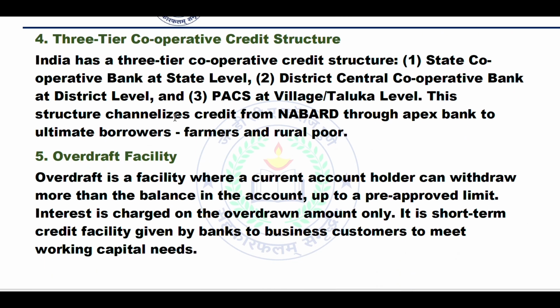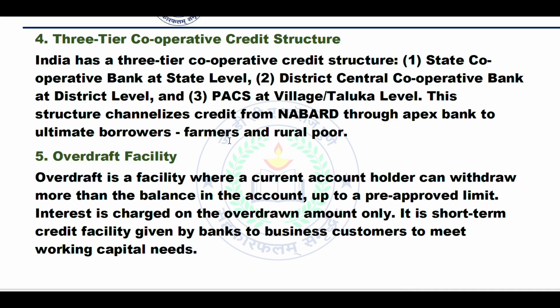Number 4, 3-tier cooperative credit structure. What will be the answer for this? India has a 3-tier cooperative credit structure: number 1, state cooperative bank at the state level; number 2, district central cooperative bank at the district level; and number 3, PACS at the village level. This structure channelizes credit from NABARD through the apex bank to the ultimate borrowers, farmers, and the rural poor.